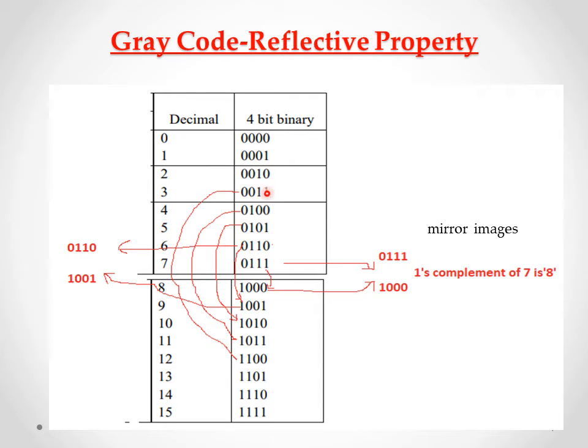In the same way 3 and 4 differ by a single bit. So changing from one code to the next is very easy, and the possibility of error occurrence is very low if you are using the gray code.